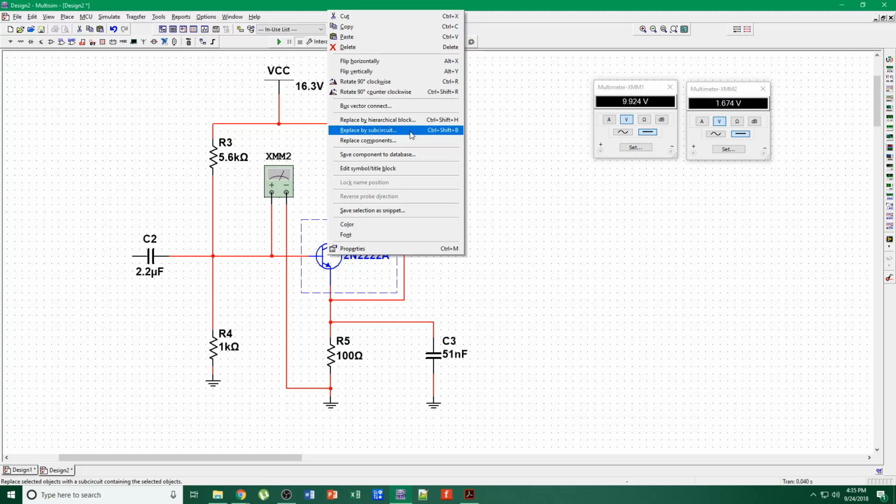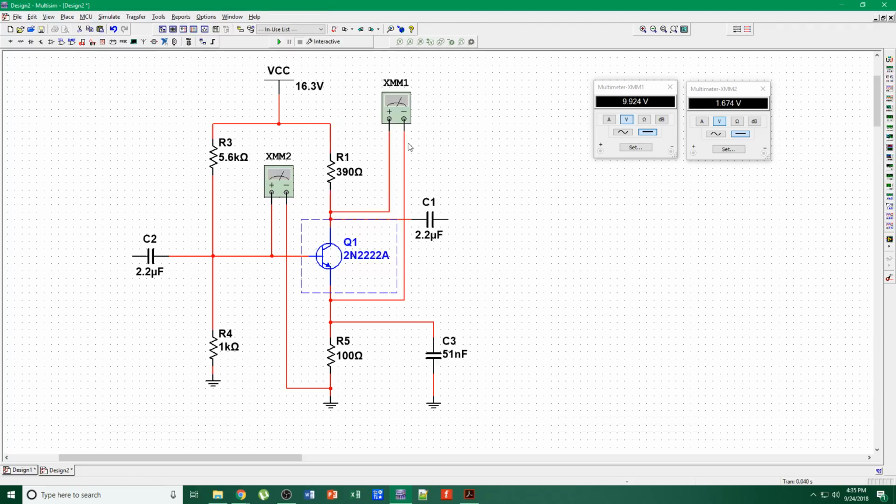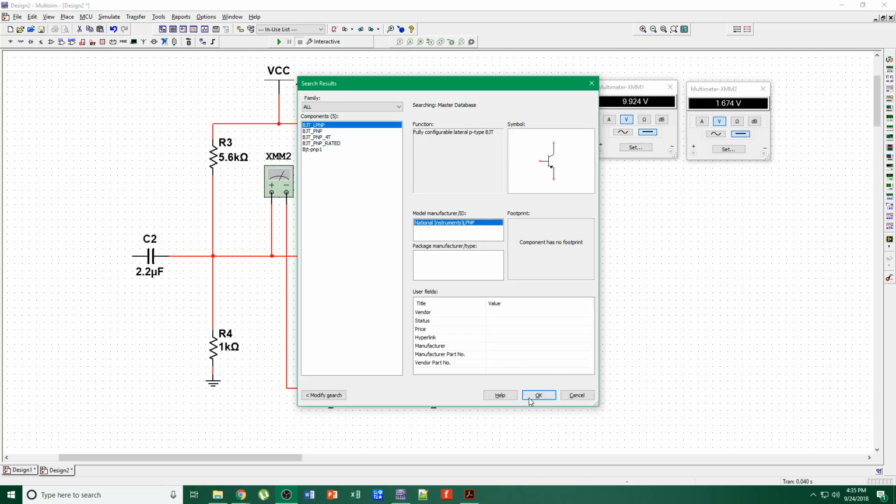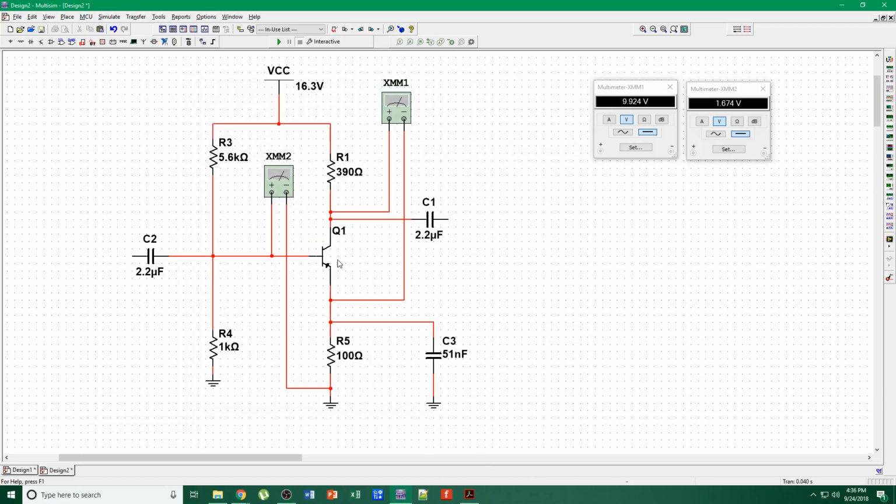R2 ends up at the bottom, RE ends up on top. So I need to replace component. Search, component is PNP. In that case, this stays normally.